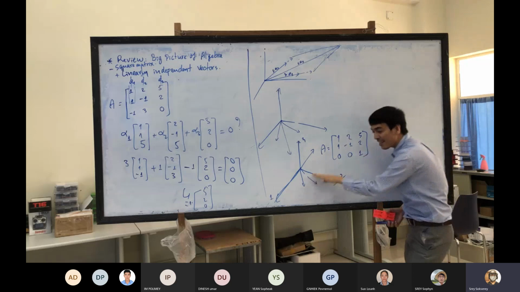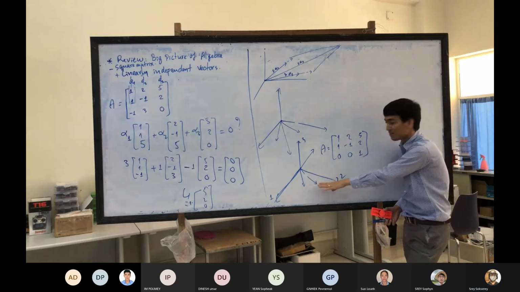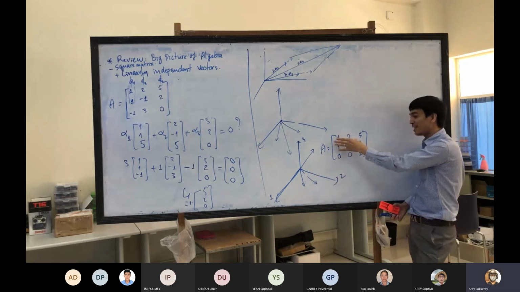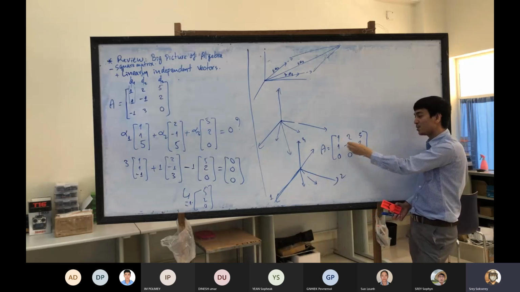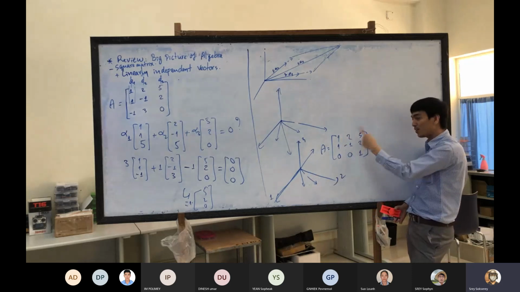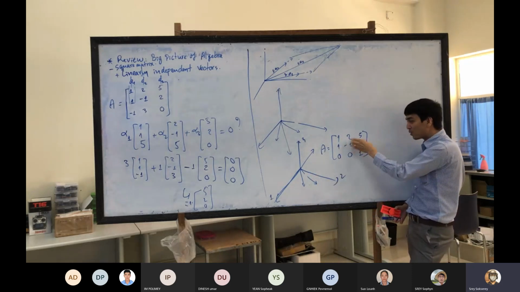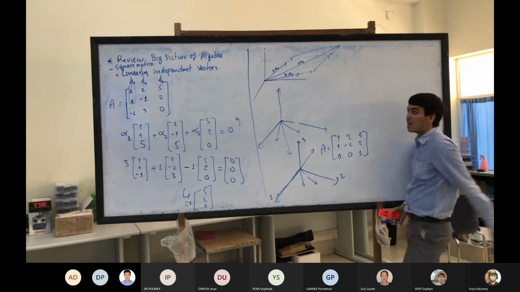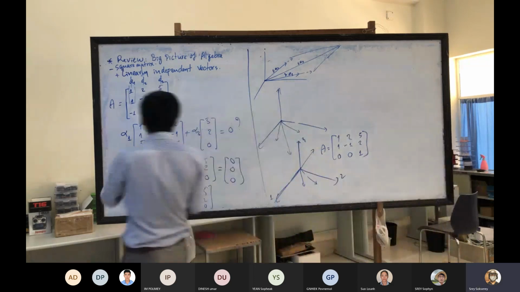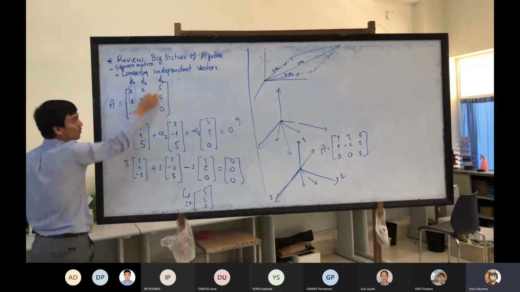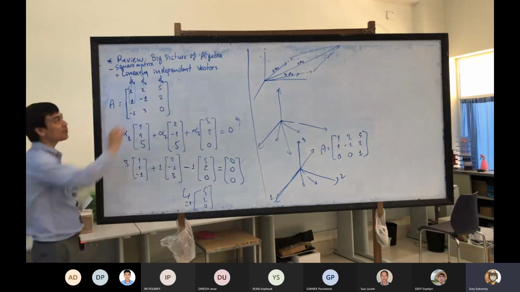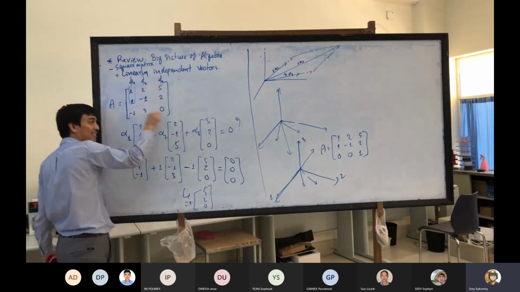It means it always stays on this plane. So never can a combination of these two give you this. And also you can never get a combination of these two to become this. But for the dependent case, if you can do a combination of these two equal to this one, you can also make a combination of these two to get this, always.